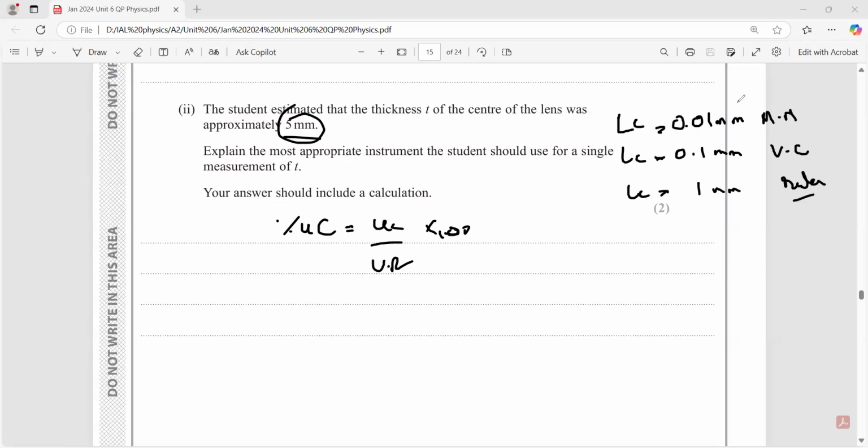So the uncertainty is least count divided by 2. If the least count is 0.01, the uncertainty will be 0.005, divided by the value recorded 5, into 100. So the most appropriate instrument is the micrometer, because it has a lower uncertainty.